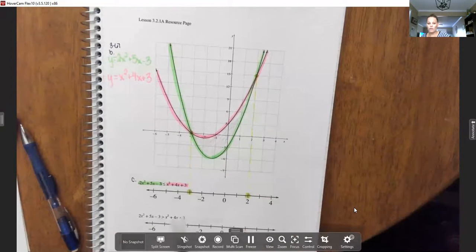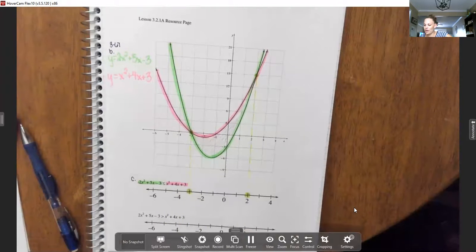And when we solved it or looked at the graph, we see that's where they intersect.